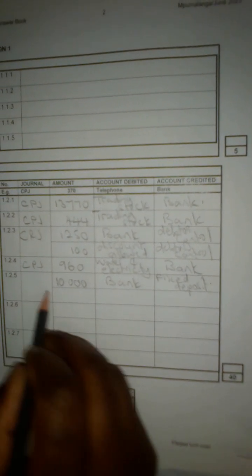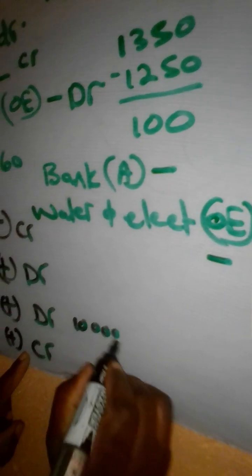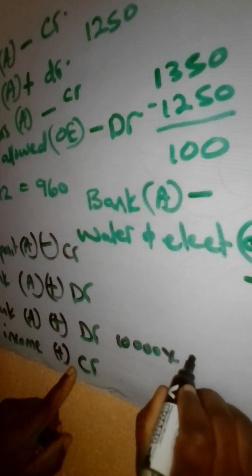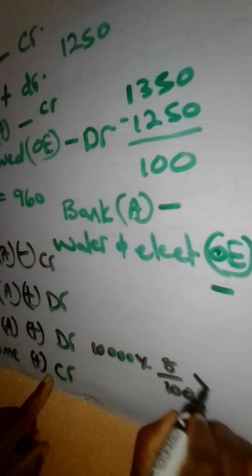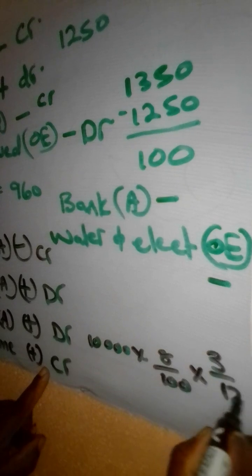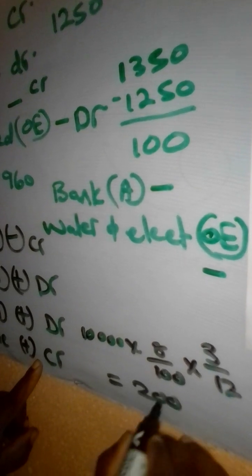Now we need to calculate the interest. They say the interest is 8% per annum for 3 months. So for the interest, I'm going to say 10,000 multiplied by 8 over 100 multiplied by 3 months over 12, which is going to give me 200.